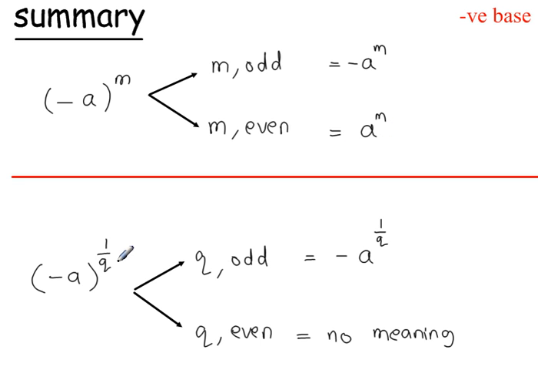And when we have fractional indices with a negative base, if the denominator is odd, then there is a meaning to this, and we can remove the brackets and write it like this. And if the denominator here is even, there's no meaning. You should memorize all of these results.